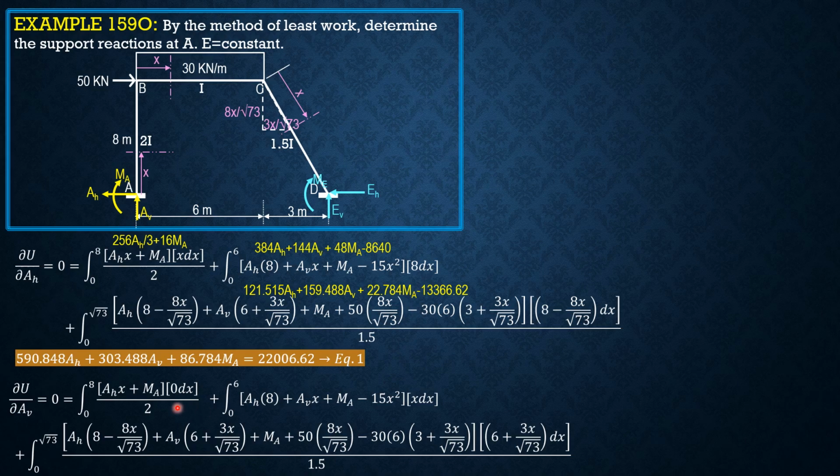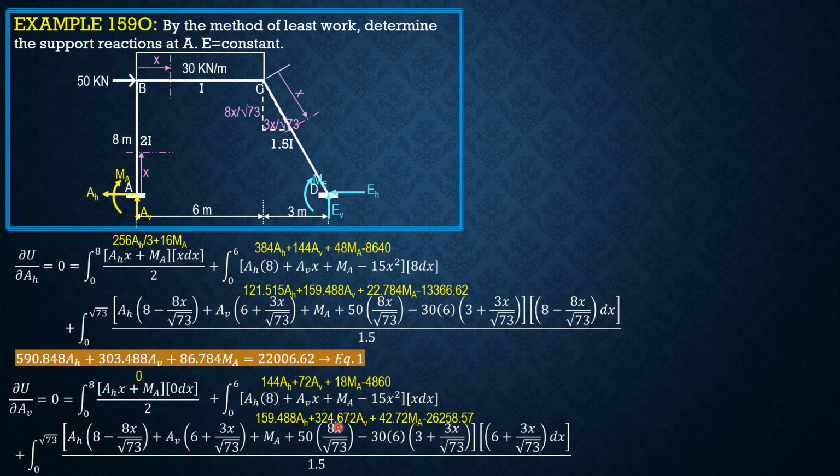So integrating the first term, this is of course 0. Then this one is 144 AH plus 72 AV plus 18 MA minus 4860. For this last integral, which is lengthy, 159.488 AH plus 324.672 AV plus 42.72 MA minus 26,258.57.